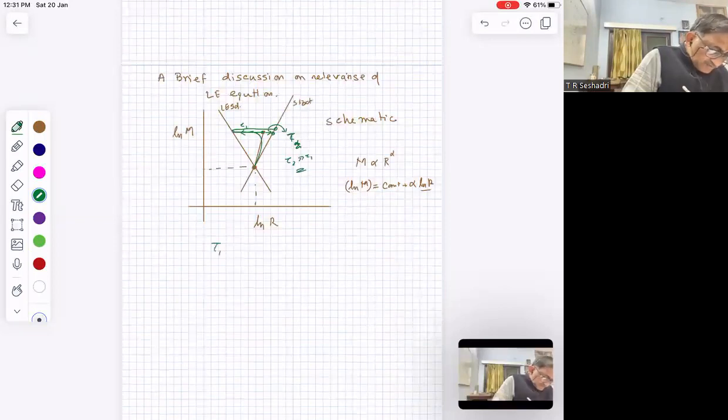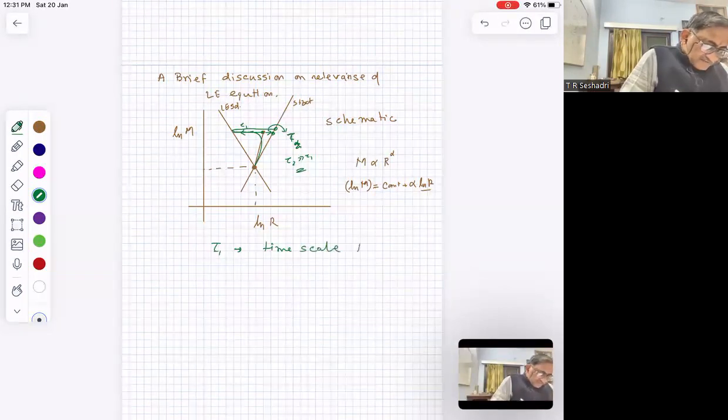the tau 1 is equal to the time scale to reach a new M-R value on the polytropic curve, M-R curve, right?